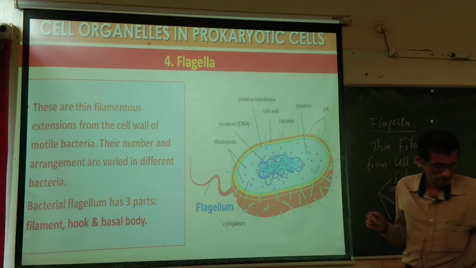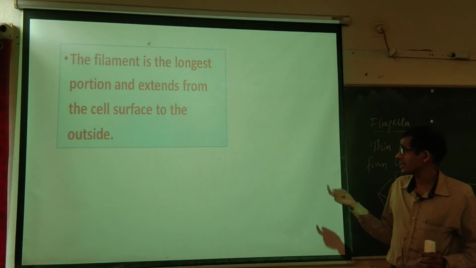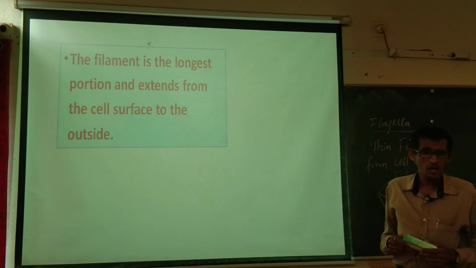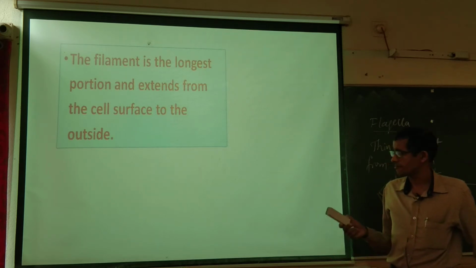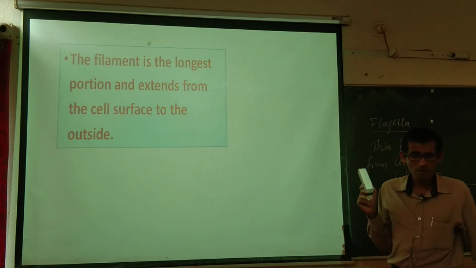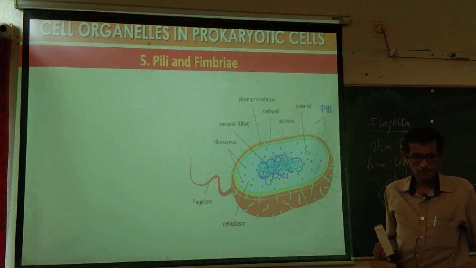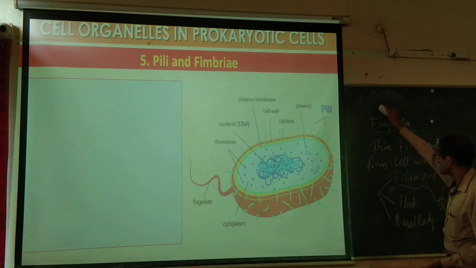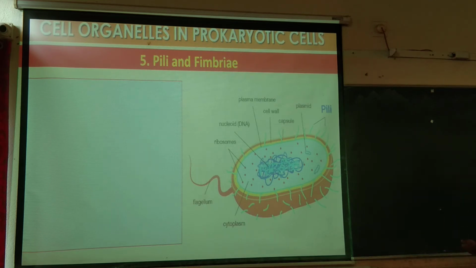The filament is the longest extension from the cell surface to the outer side, and the flagellum is important for locomotion. So, flagella is a locomotory organ with three portions: hook, filament and basal body.